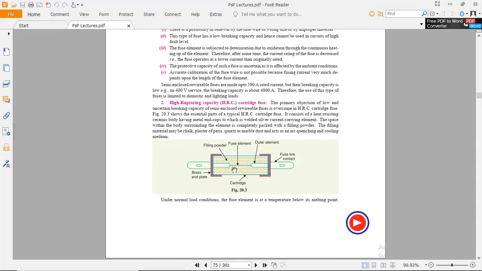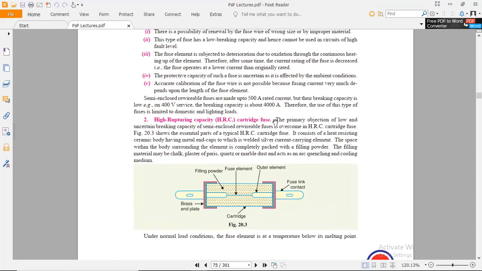Filling powder or sand is filled in, and the outer element of the terminal is this, and the cartridge is made in ceramic form, by which it becomes an HRC fuse, the high rupturing capacity cartridge fuse. Most people have already seen this kind of fuse.